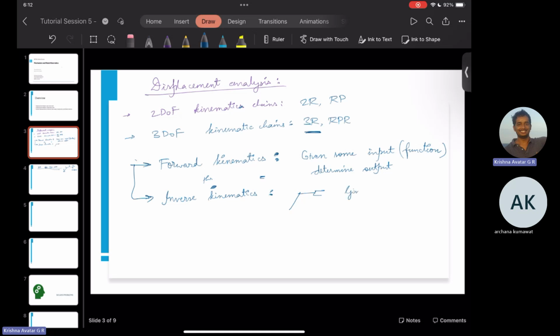So given the end effector location as well as orientation, both location and orientation, what is the required actuator input? So this is what it is.